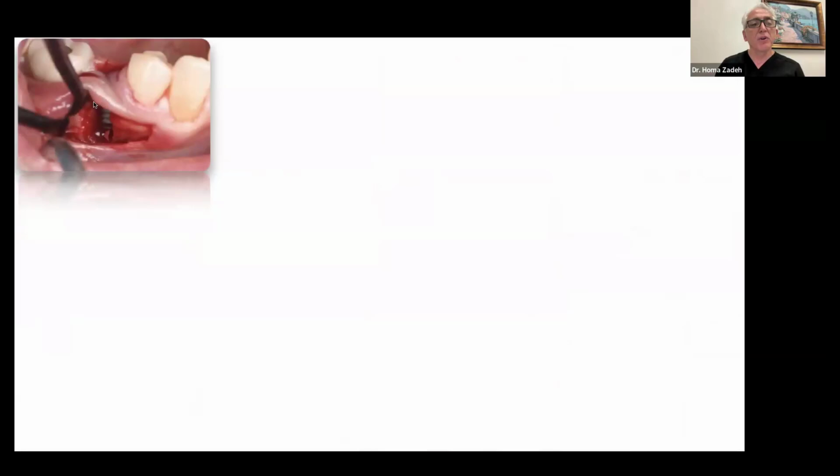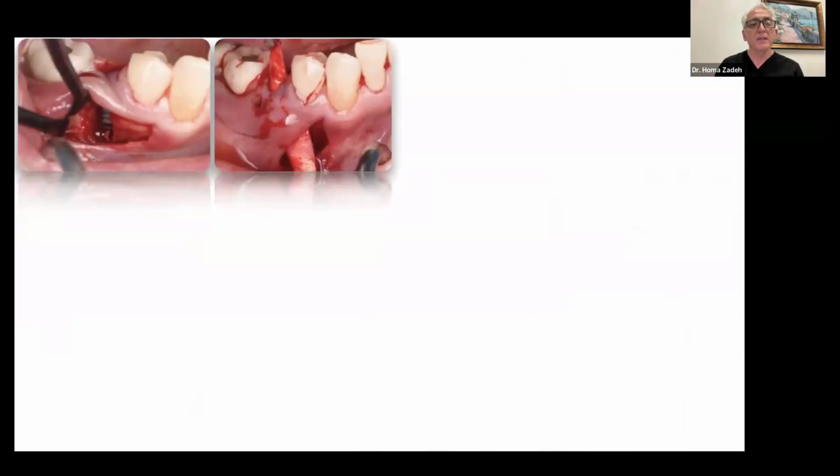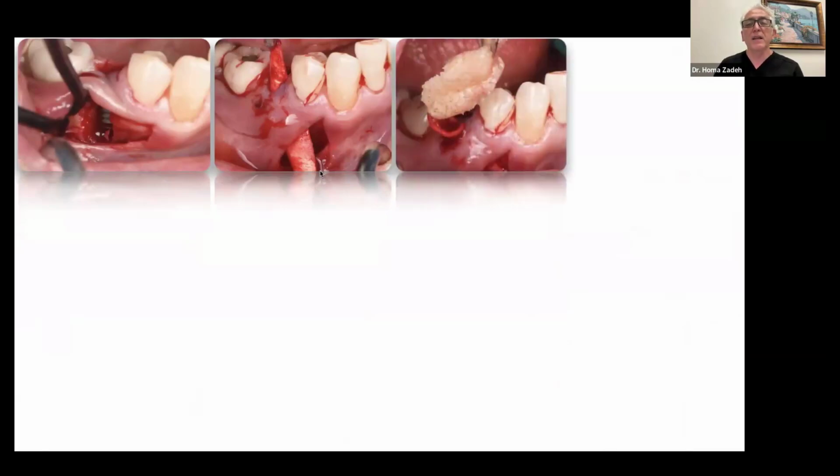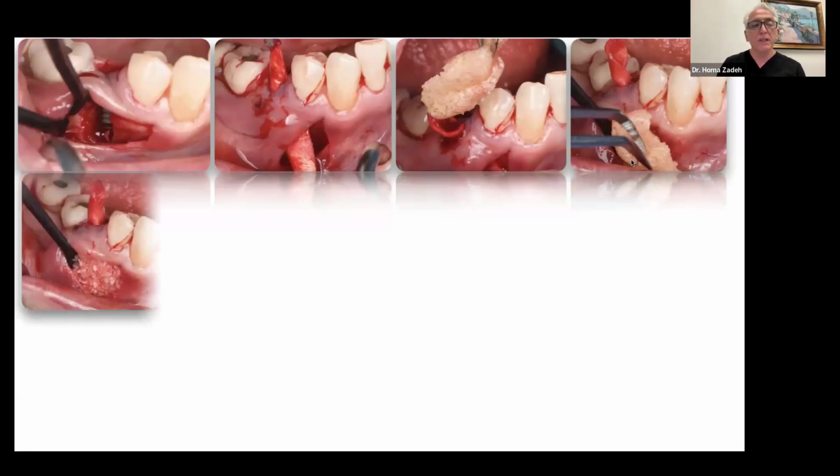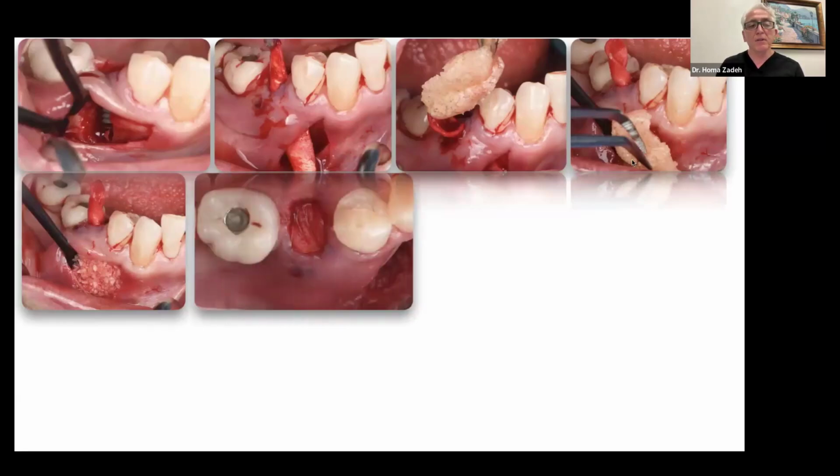You can visualize the dehiscence and the exposed implant. We're able to place a striate collagen membrane through the vestibular access, placing the sticky bone inside the socket, as well as from the vestibular zone, to make sure that the dehiscence is fully covered with particulate graft.